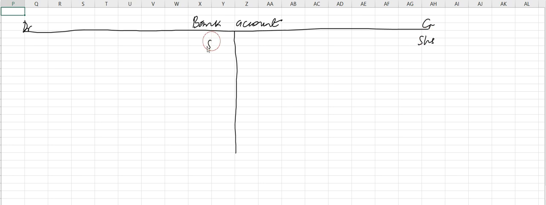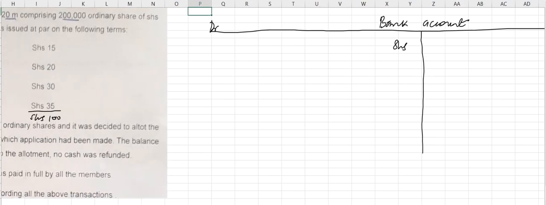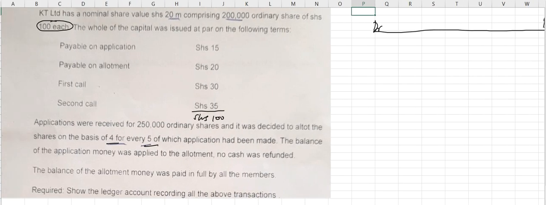These amounts are in shillings. Now, what do we enter in this bank account? We see a company which has issued out shares.